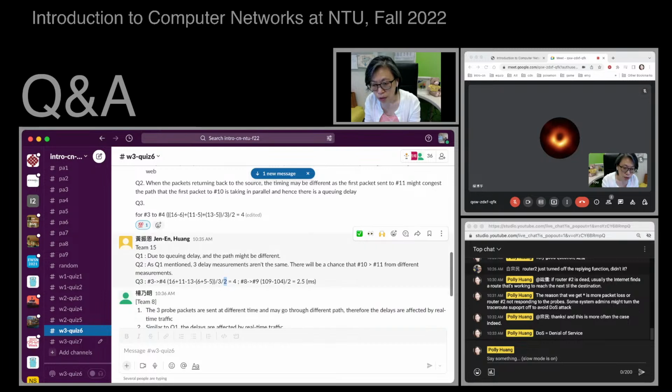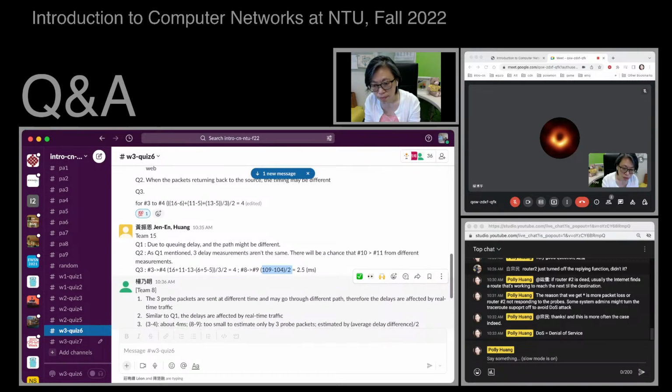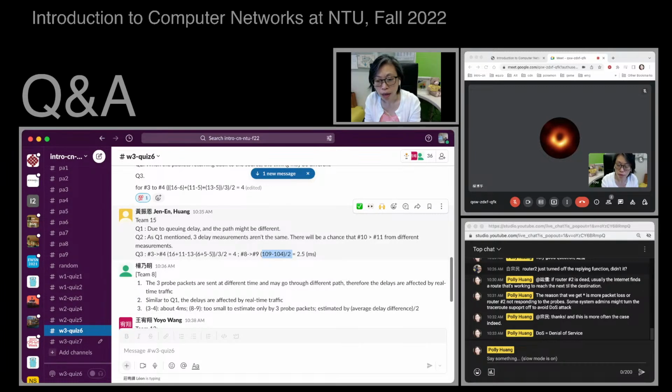Okay, I guess you do the same for hop 8 to 9. Very interesting. So I guess the general approach that Team 15 is proposing is to calculate the average delay to the later hop, the average delay to the earlier hop, subtract, and then divide it by 2.